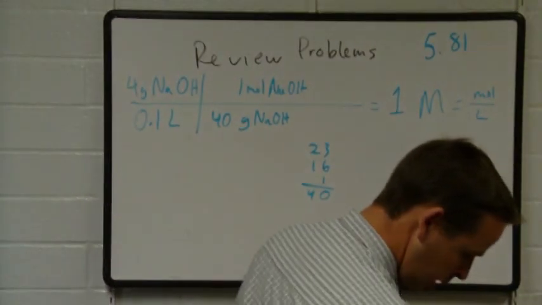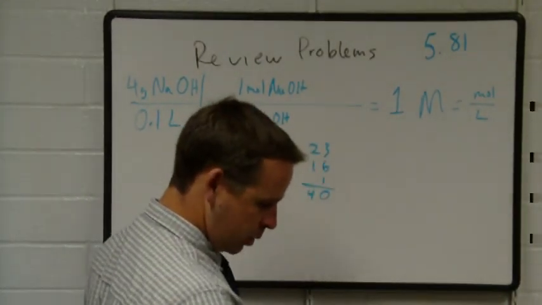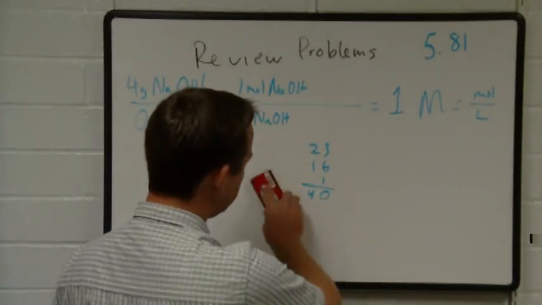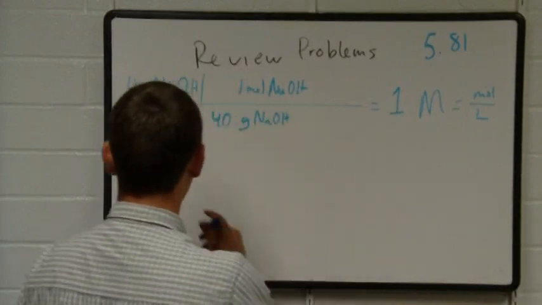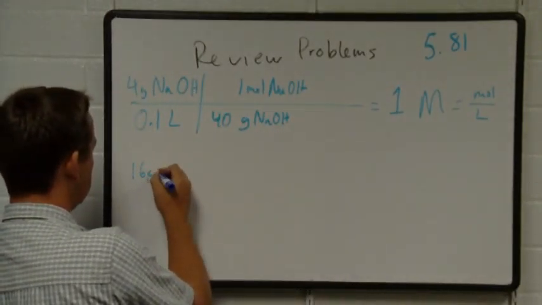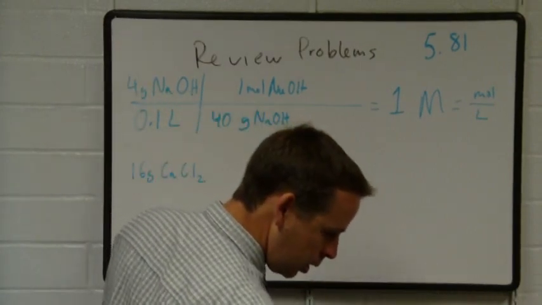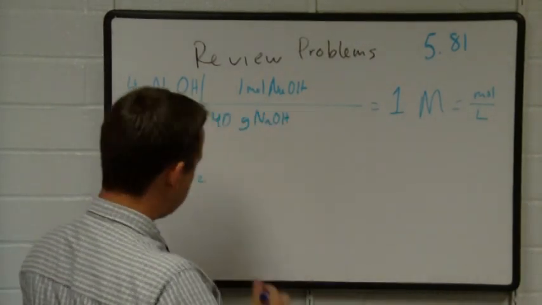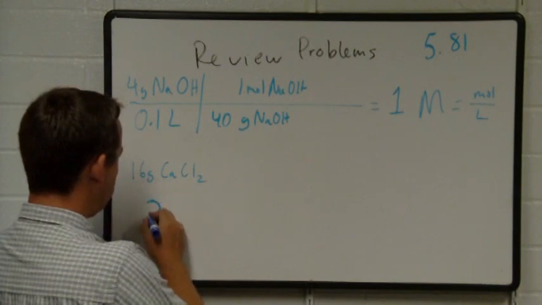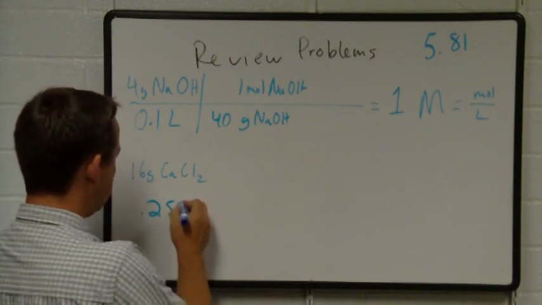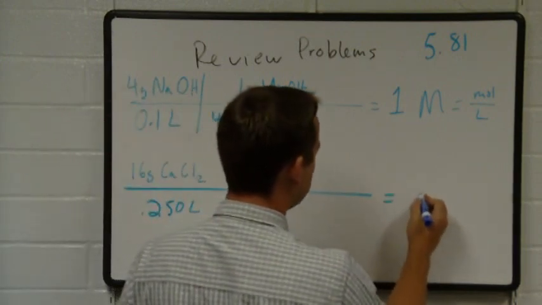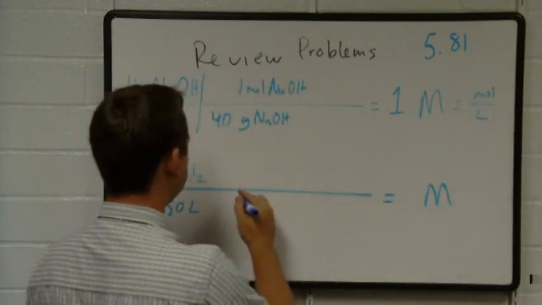Now, B, 16 grams of calcium chloride in a total volume of 250 milliliters. Okay, so this is just another problem. 16 grams of calcium chloride in a total volume of 250 milliliters, or 0.250 liters. All right, what's the molarity, or moles per liter?